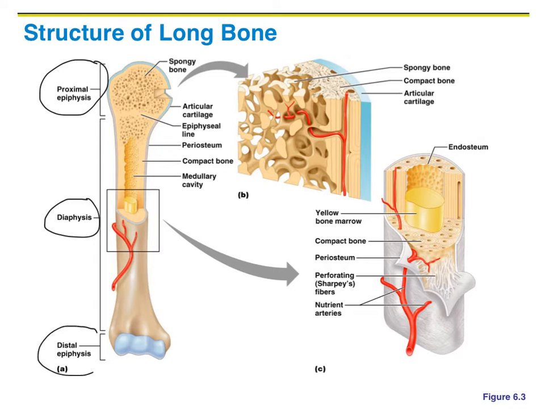The distal epiphysis would be farther away from the body. The shaft is composed of compact bone and a medullary cavity filled with yellow marrow in an adult. The outer layer of connective tissue is referred to as the periosteum. Long bones retain articular cartilage on the end.